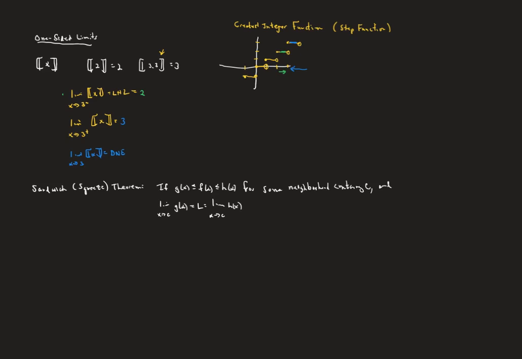So if the smaller function on the left approaches the same value as we approach c as the bigger function on the right, then our conclusion is that the limit as x approaches c of f of x gets squeezed or sandwiched and must also be that same value L.